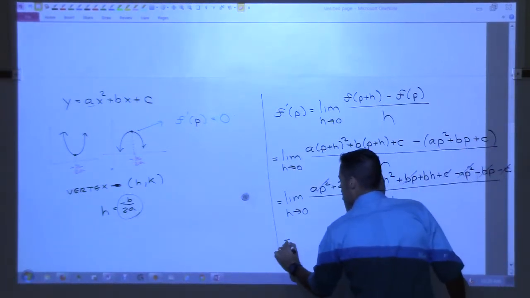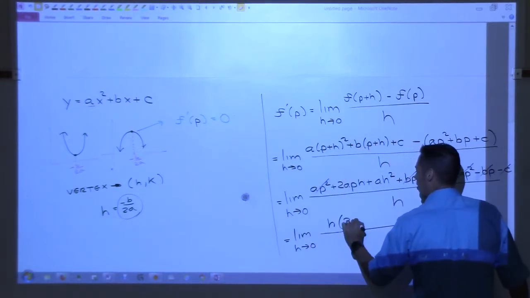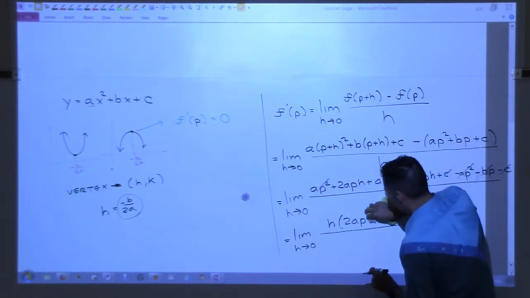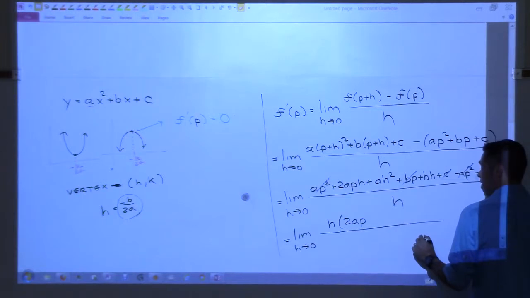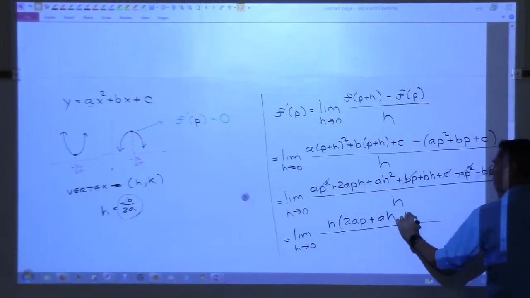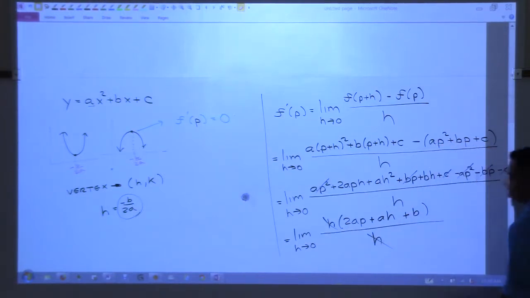So now what I'm going to do: limit as h goes to 0. Factor out the h. I'm left with 2ap, I've already pulled the h, sorry. 2ap, then what? Plus ah, plus b, all over h. The h's cancel. Now let h go to 0.